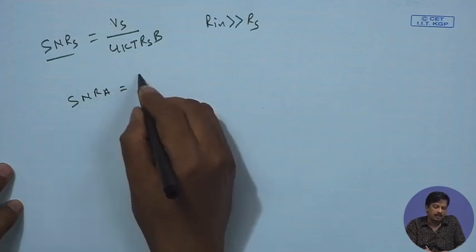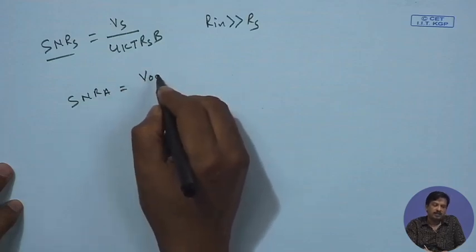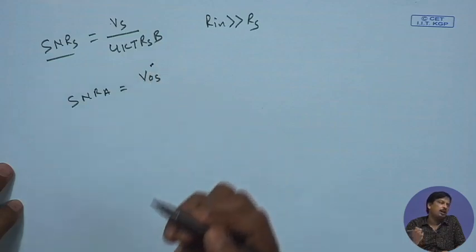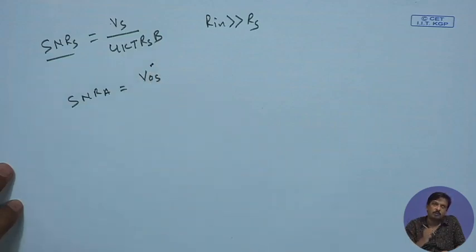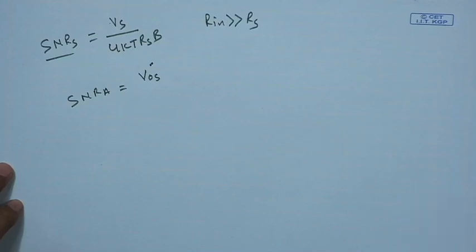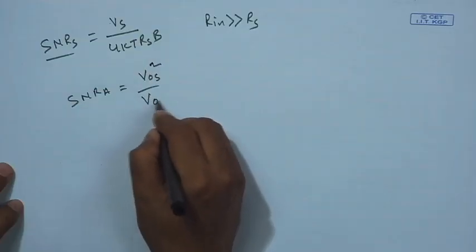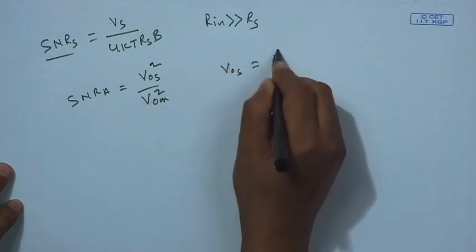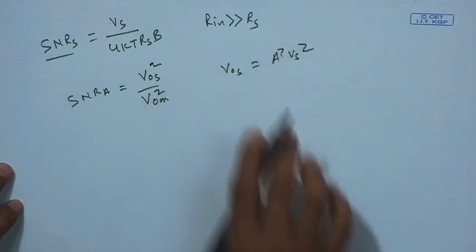Okay. Now, what is SNRA? It is the SNR at the amplifier output: output power of the amplifier divided by input power. So VOS square divided by VO1 square. VOS is nothing but the gain times the signal. If the gain of the amplifier is A, then the output of the amplifier will be divided by the gain.